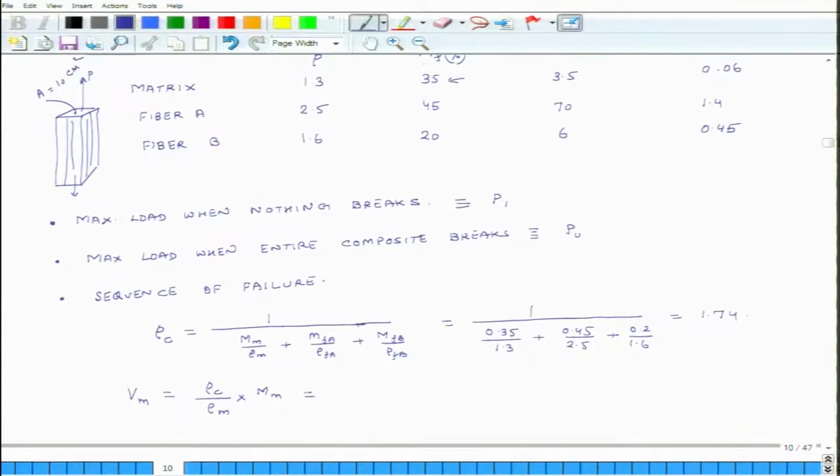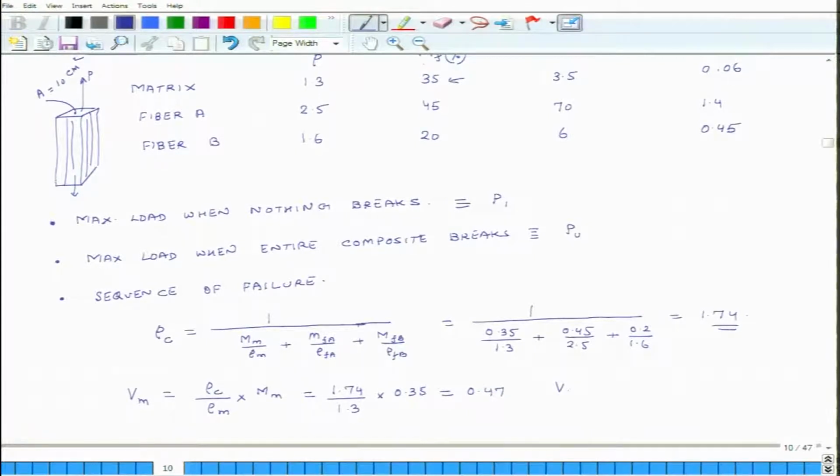So, this is equal to 1.74, which is what we have calculated, divided by density of matrix 1.3 into mass fraction 0.35, and this works out to be 0.47.